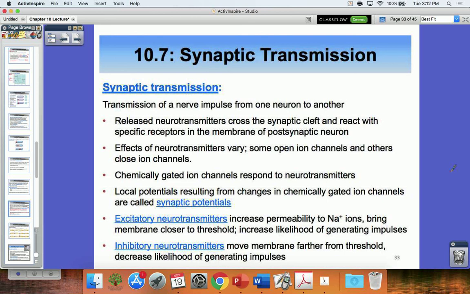And so if it's excitatory, it's going to be able to increase the permeability of sodium, because remember, when sodium starts to come in, that's what causes the cell to reach the threshold and also to have an action potential to become more positive. Or to inhibit it, which means to stop something from happening, and that's going to move it away from the threshold, which means the impulse would not happen.